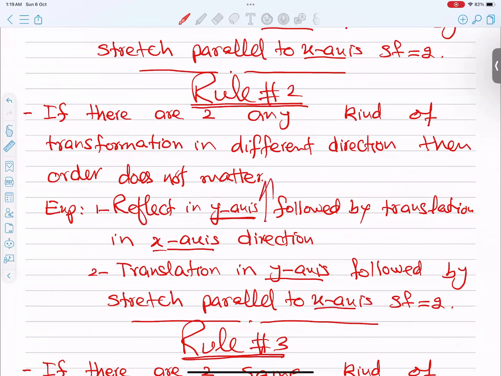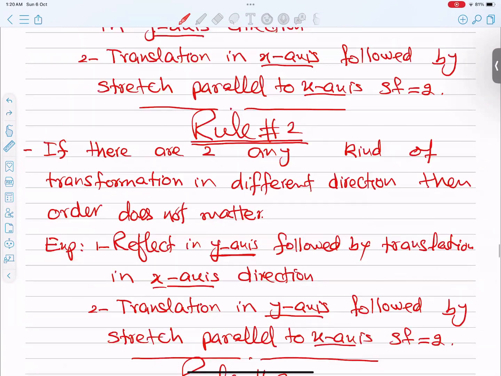See, this up and this right, because they have different directions, the order does not matter here. And another example, we go for a translation in the y-axis, it means go up or down, followed by a stretch parallel to the x-axis. It goes up or down, but this goes rightwards. So again the direction is different. If different directions, the order does not matter.